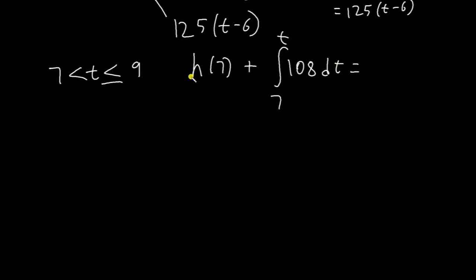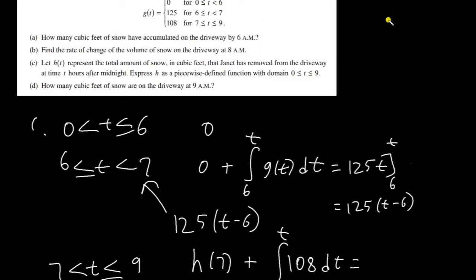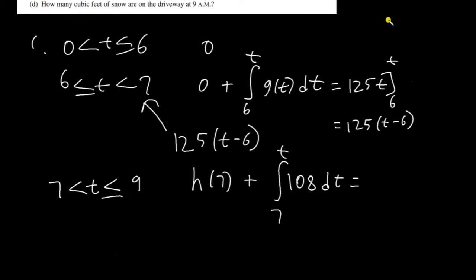This is going to be, well, what's h of 7? We can just plug in 7 into here, because this tells us the amount of snow at time t equals 7. If we do that, we're going to get 125 times 7 minus 6, which is 125. So it's 125 plus 108 t from 7 to t.